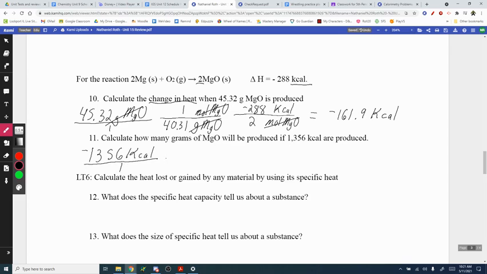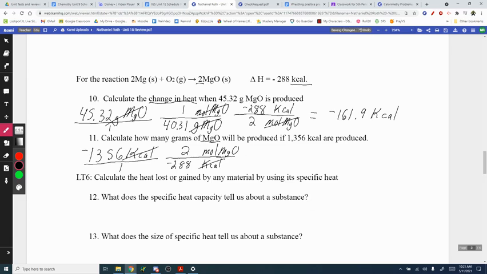Okay, so when we do our conversion factor, kcal on bottom, moles on top, moles of MgO. This is our energy to mole ratio, so we need our coefficient next to MgO. We need our enthalpy, which is negative 288. kcal cancels out. We're left with moles of MgO.